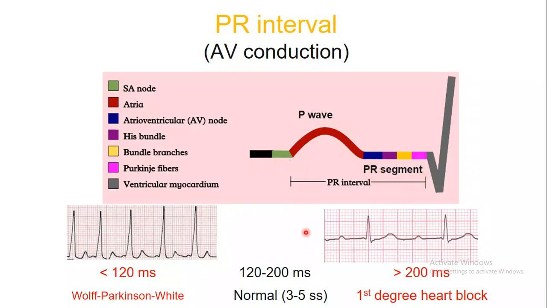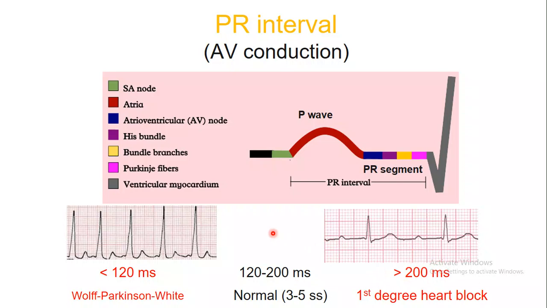So what is normal? The normal PR interval is between 120 and 200 milliseconds, which equals 3 to 5 small squares. If the PR interval, measured from the start of the P wave to the initial part of the QRS complex, is more than 5 small squares or 200 milliseconds, this denotes a disease in the conduction system called first degree heart block.